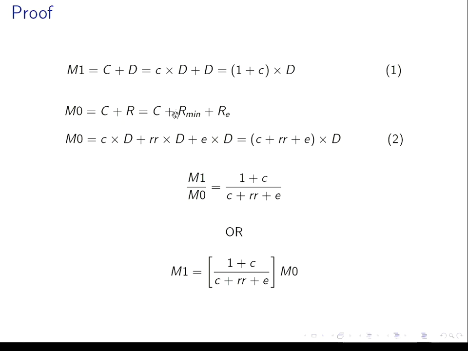And if you express all of currency, Rmin and Re in terms of ratios, you can write that as c into D, RR into D, and e into D, which basically is c plus RR plus e. Divide one by the other and you get the ratio M1 by MB is 1 plus c divided by c plus RR plus e.